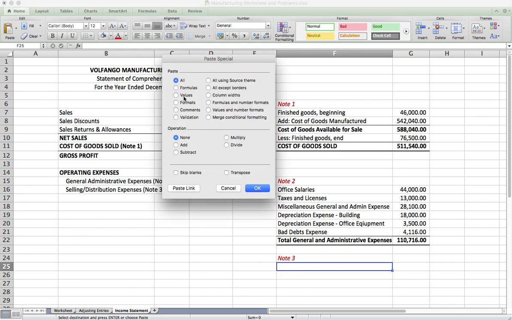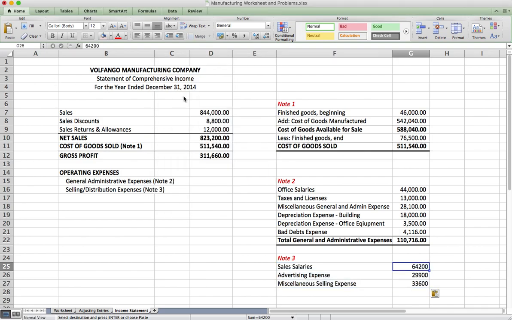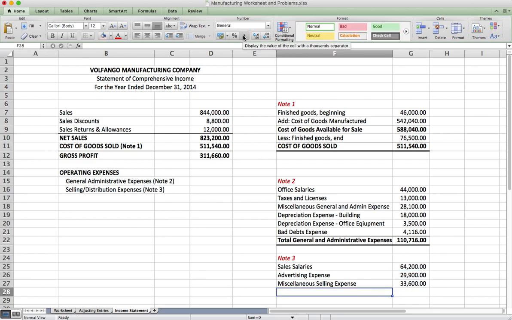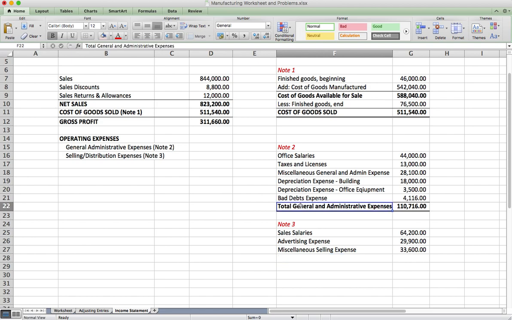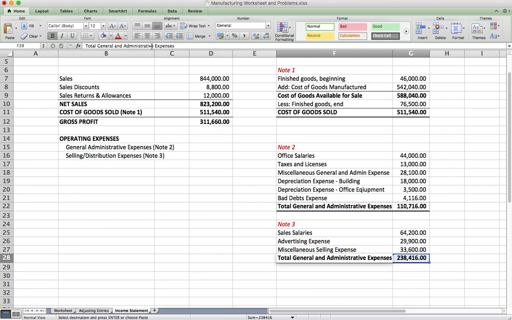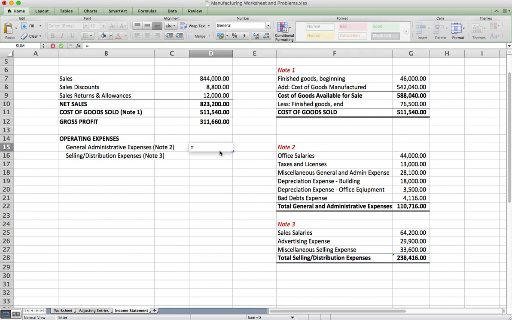Ayan. Ano pa ba? Wala na. Total na lang natin sila. Total selling or distribution expenses. Okay then.